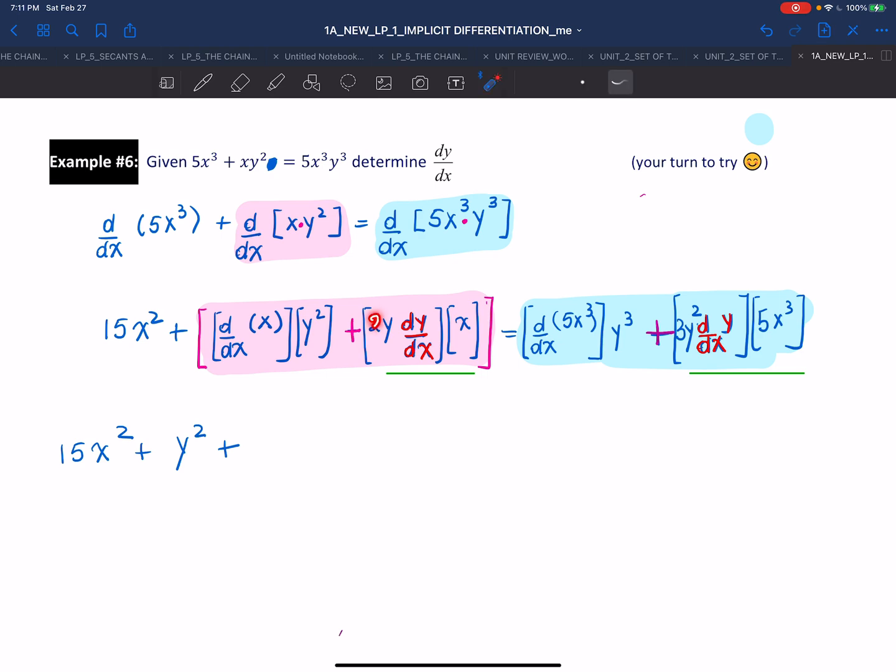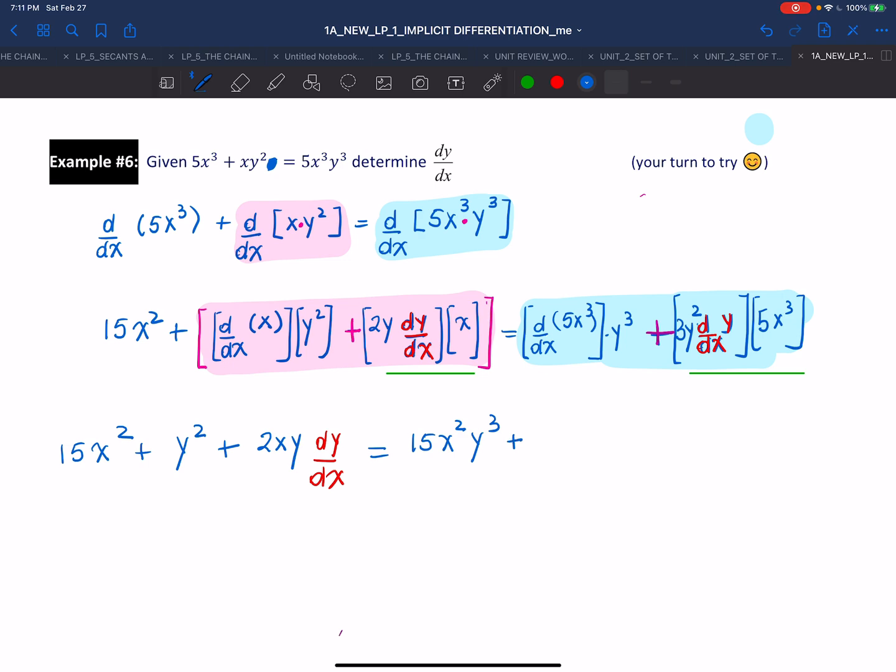As you can see here, 2y can join x, so 2xy dy dx, equals, so the derivative of 5x to the power of 3, that's explicit differentiation, 15x squared, multiplied by y to the power of 3, so y cubed.